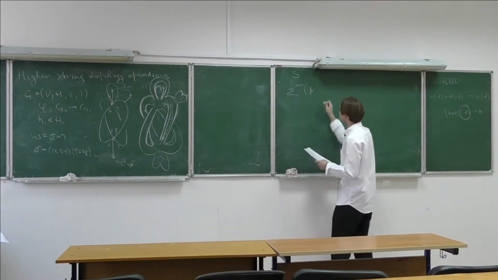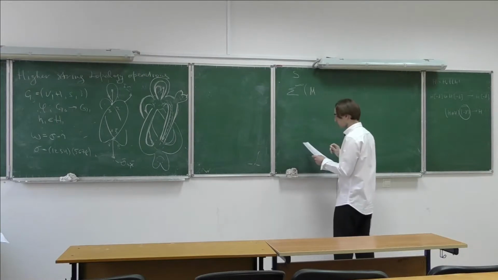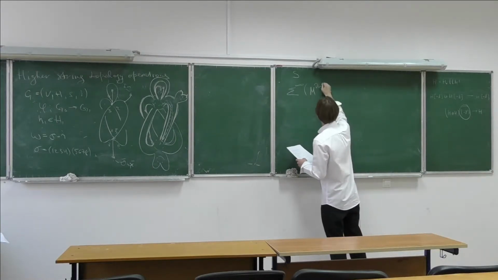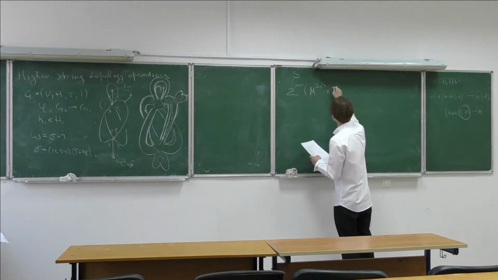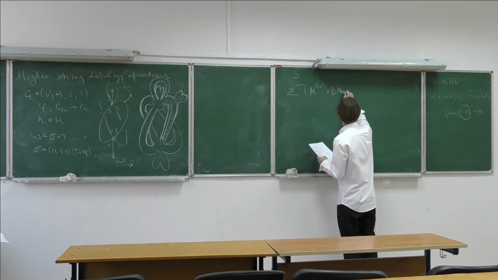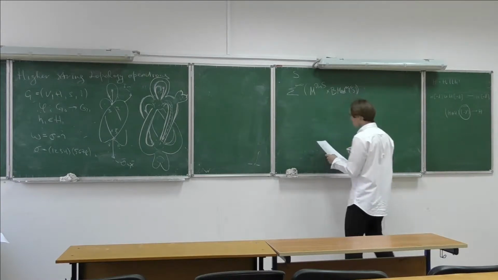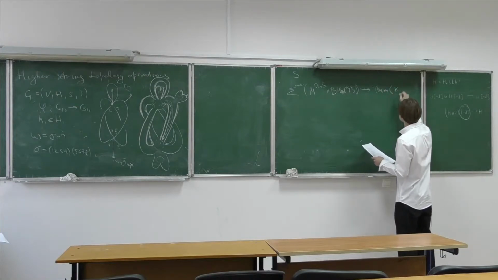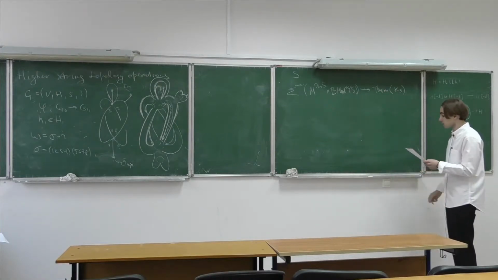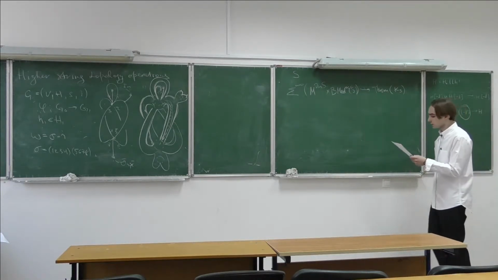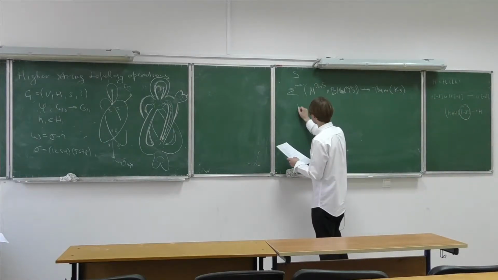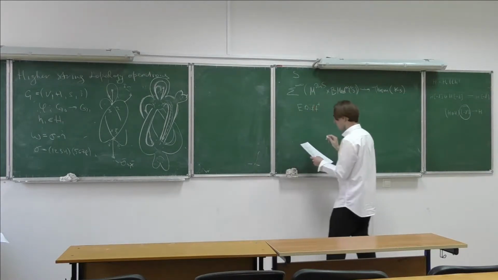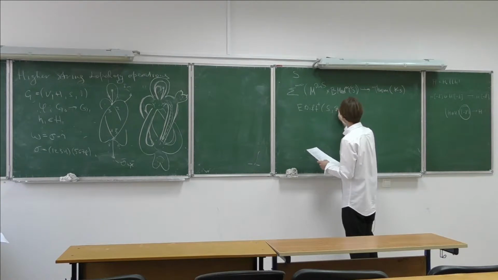Once again, we take a surface, and we take the suspension spectra of the product VAS, and then look at a map to the Thom spectra of some virtual vector bundle K of S, where K of S is a bundle over a space which is just homotopy equivalent to this thing.